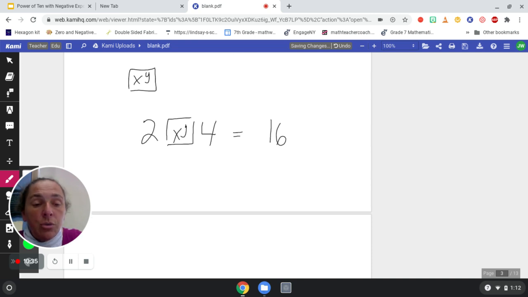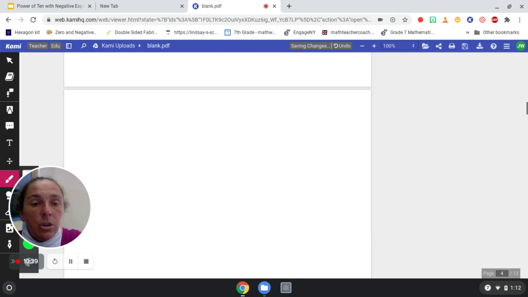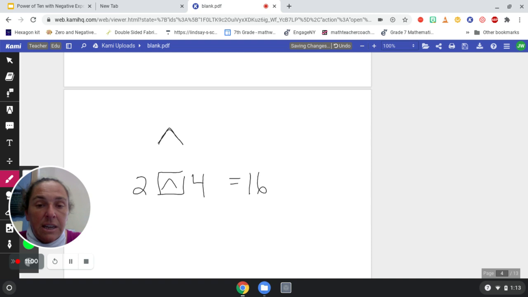Now, another thing you can use is what we call a caret key. A caret key looks like an arrow that's pointing up. Okay, that's called a caret key. So if you use a caret key, you would plug in 2, and then you would hit that caret key, and it's going to say the next number following is an exponent, and I would put in 4. And again, that would give me my answer of 16.